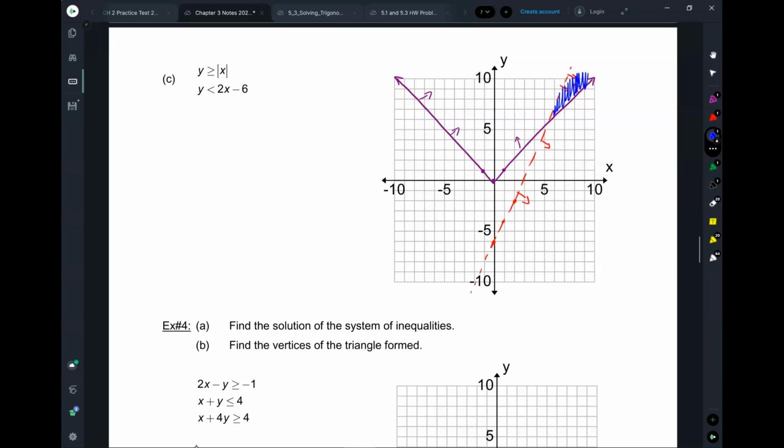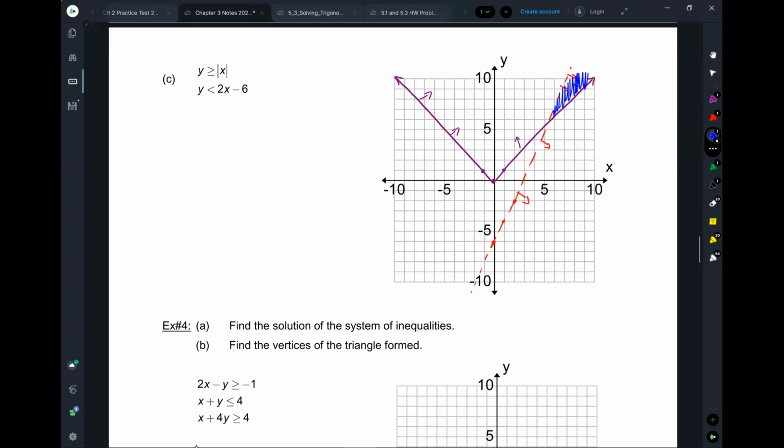Okay, find the solution of the system and then find the vertices of the triangle formed. So each one of these, first of all, we're going to isolate the y. So this one is going to be negative y greater than or equal to negative 2x minus 1.